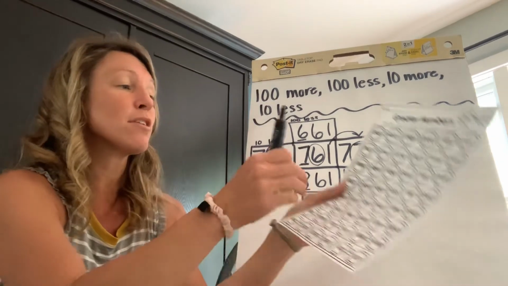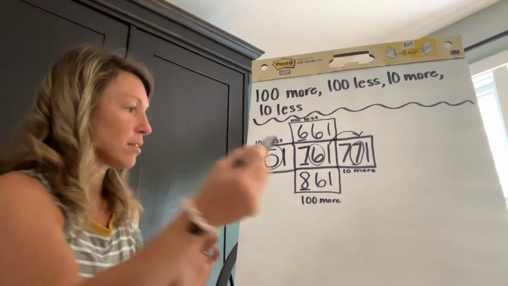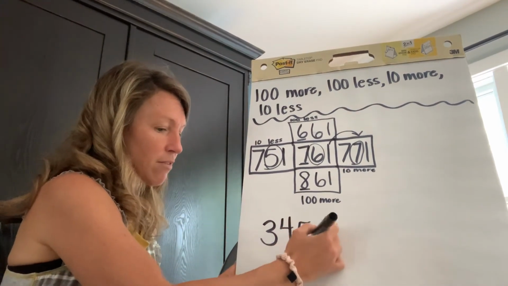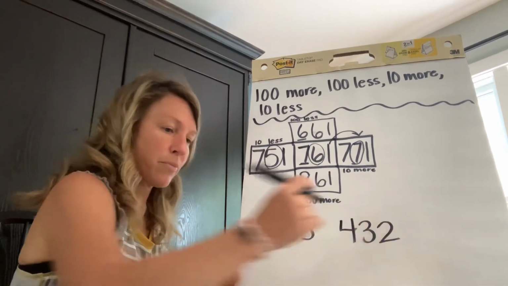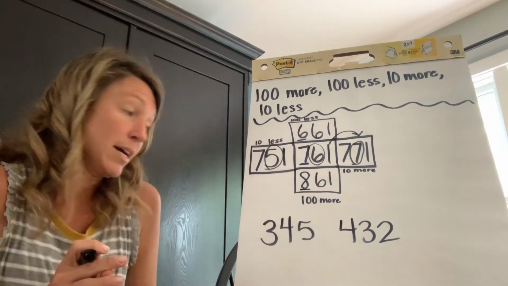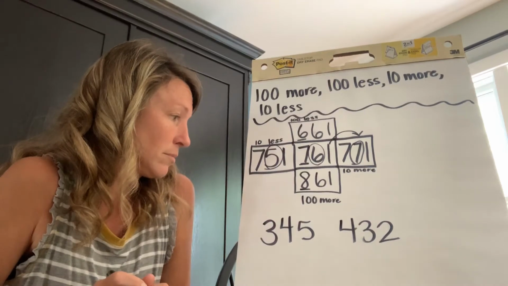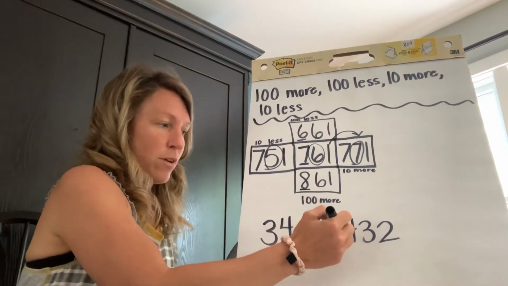And the other thing that you're reviewing is greater than, less than. So looking at two numbers, let's look right here. If I have 345 and 432, which number is greater? Well, what do you think? I would say 432.